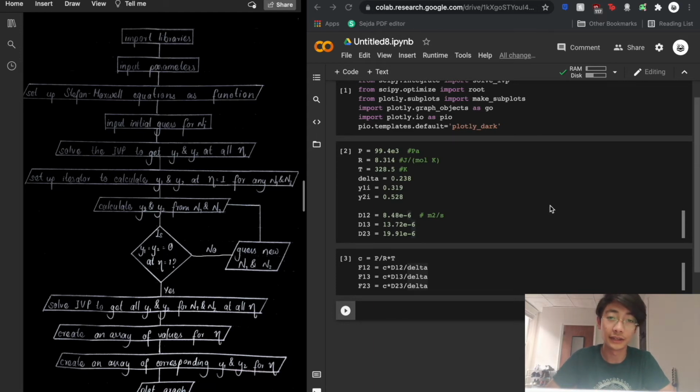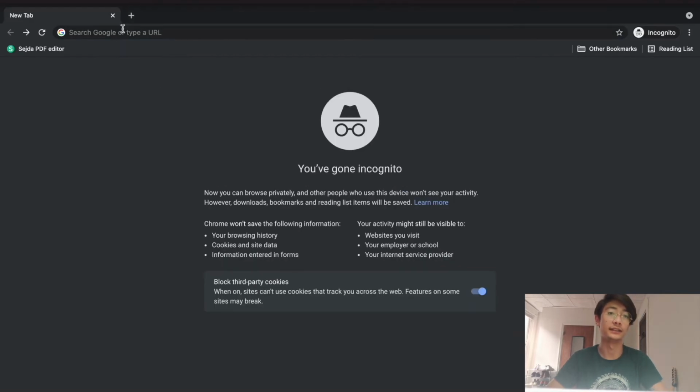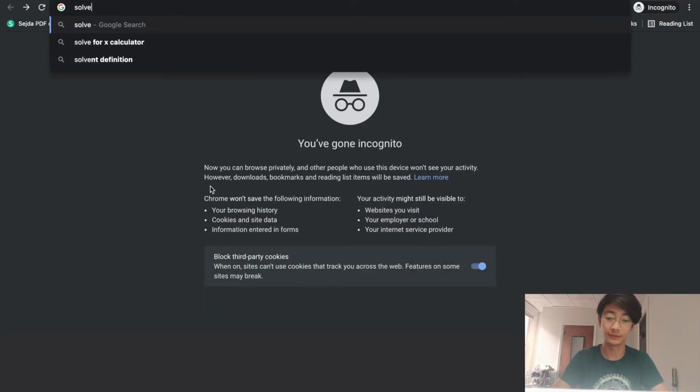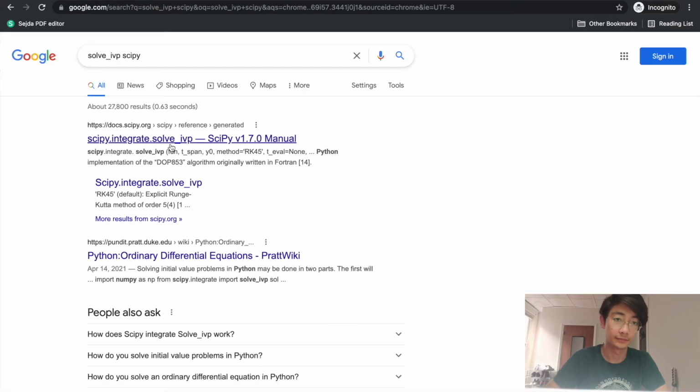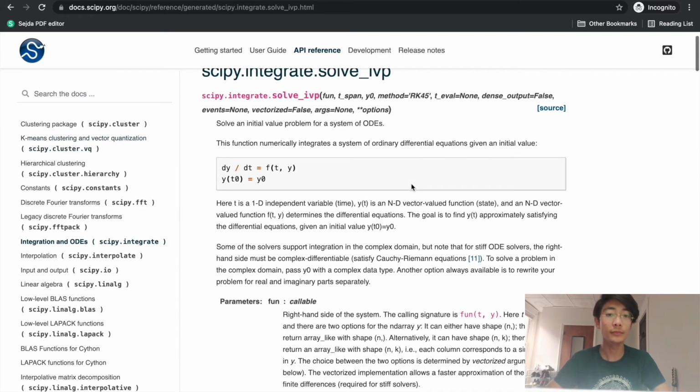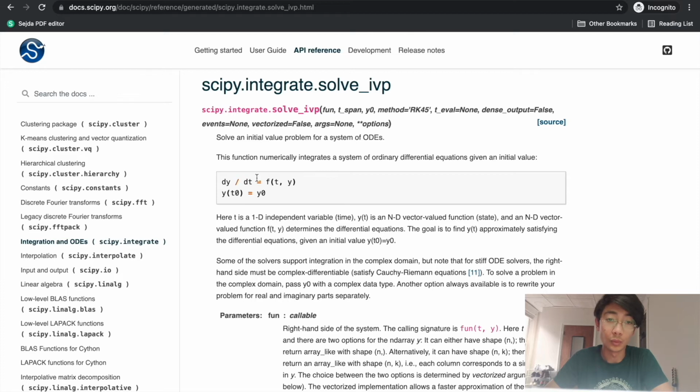So let's go ahead and take a look at the solve IVP from SciPy. All right. So what we can see here is our differential equation is there, and that's how solve IVP wants us to set up our differential equation.